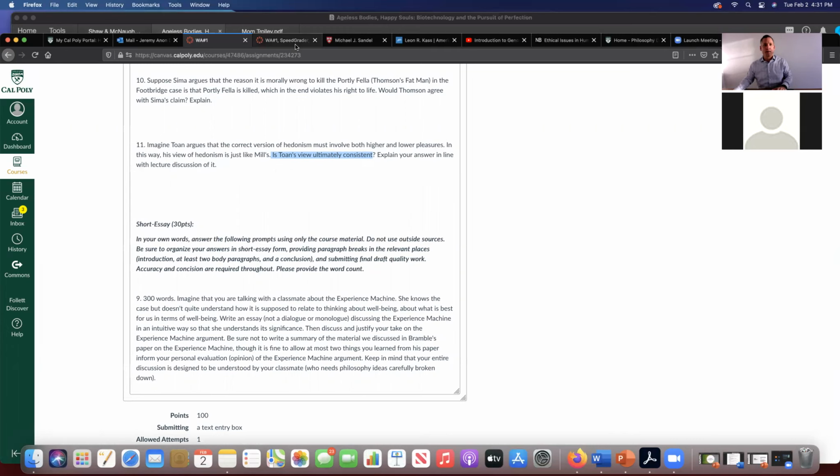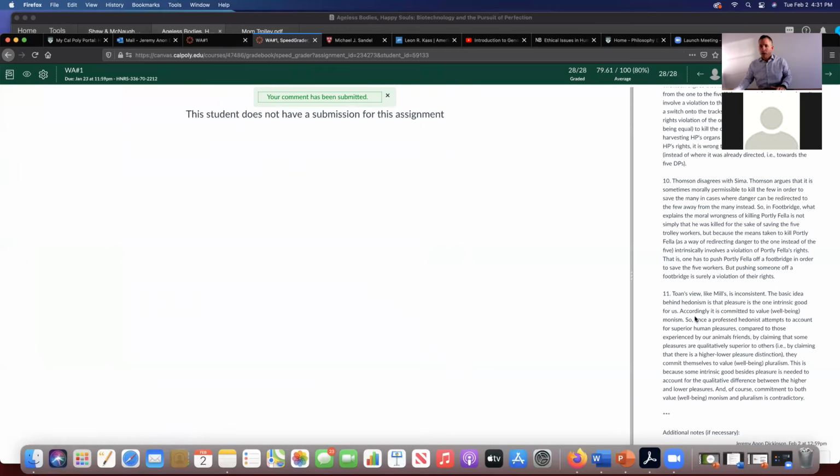So let's go to my written answer here. Tuan's view, like Mill's, is inconsistent. The basic idea behind hedonism is that pleasure is the one intrinsic good, or the only intrinsic good for us. Accordingly, it is committed to value well-being monism. Okay, that's hedonism, full stop.